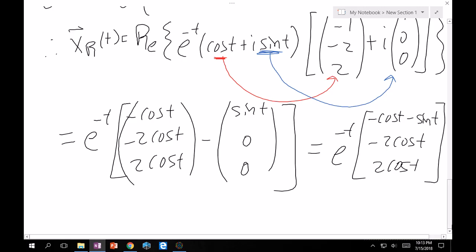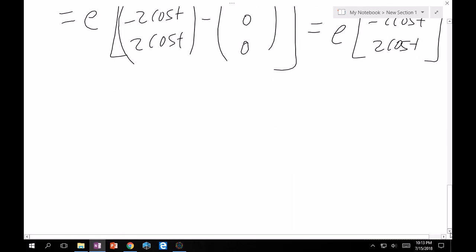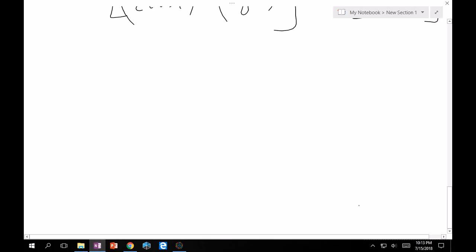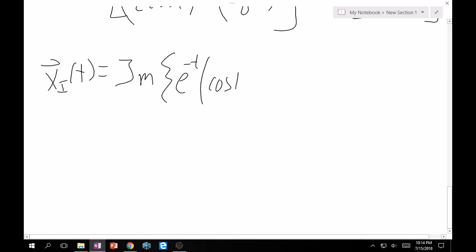Alright, that's good. And let's do something very similar for the imaginary part, right? So, remember I like to call this xi of t, and then this is the imaginary operator applied to e to the minus t. Really the same thing that we had above, but for completeness and so that you have a good math education, I'll write it down for you.